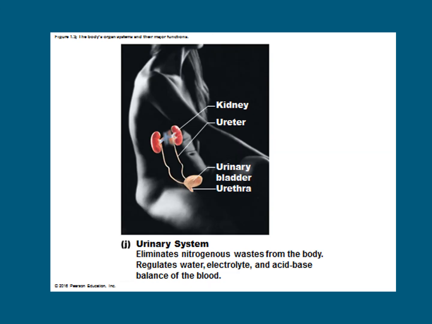The urinary system is involved with getting rid of certain waste from the body. It's also very important, and some people don't realize this, in helping to maintain your water balance, keeping you hydrated, and also helping to maintain what we call the acid-base balance of the blood. In other words, helping to maintain that the pH is held fairly constant.